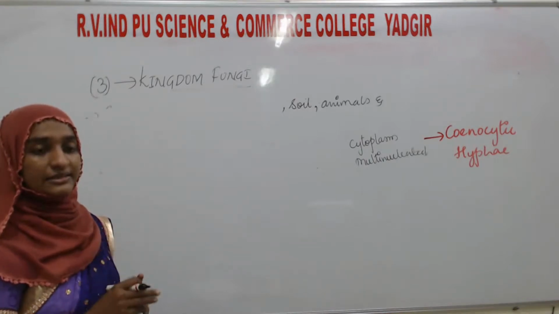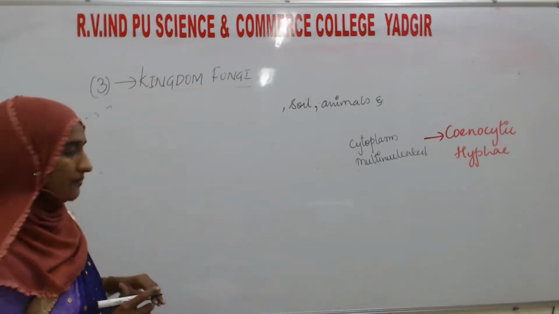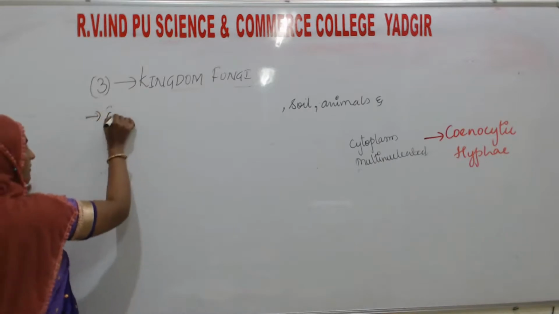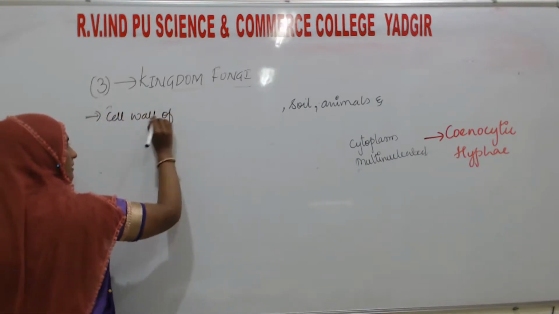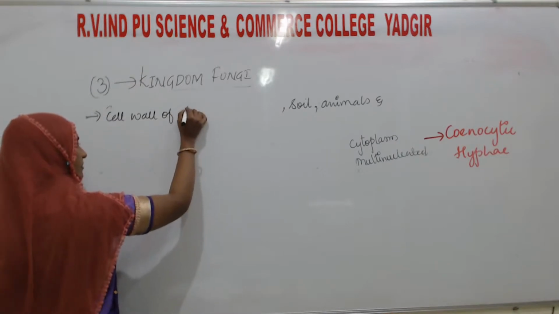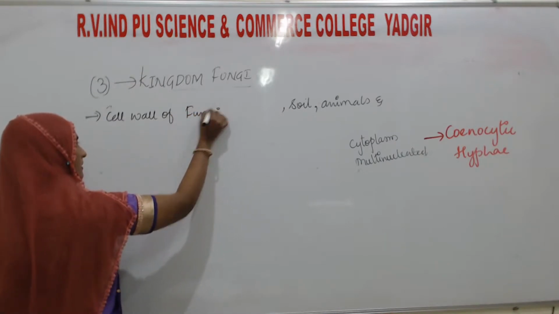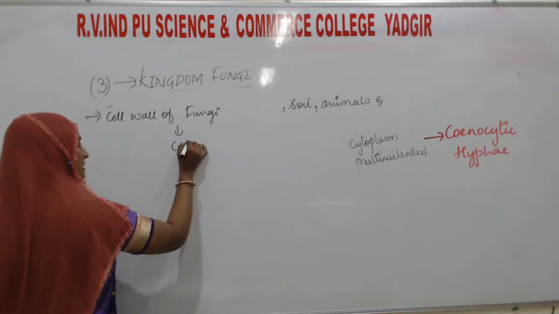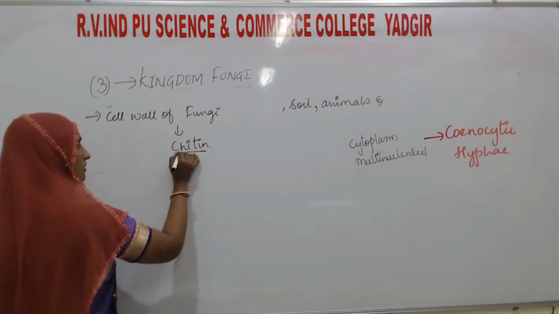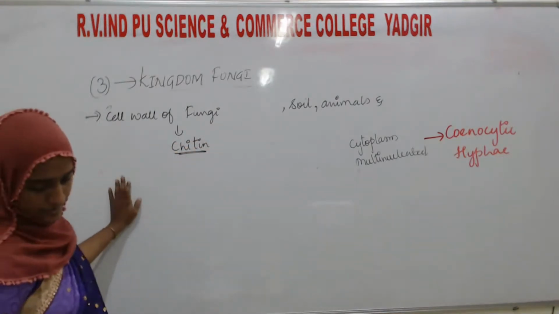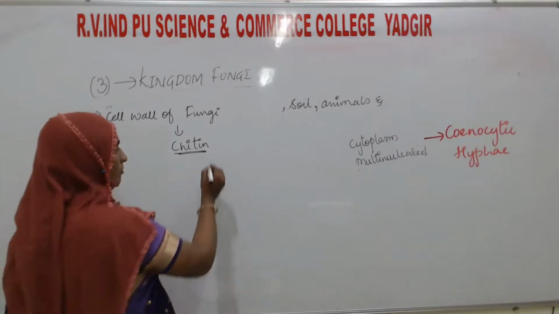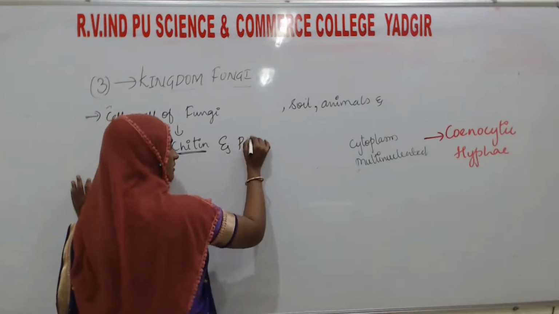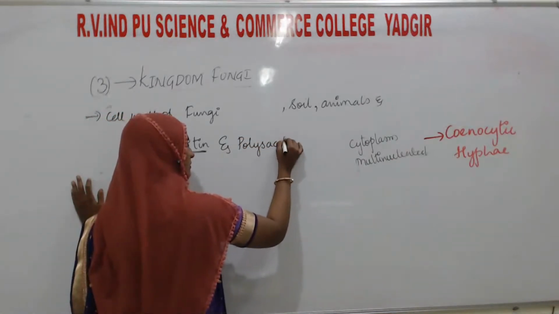What is that? That is the chitin. Okay, the cell wall of fungi is made up of what? That is the chitin. The next term, chitin, and one more product is there, that is the polysaccharide.